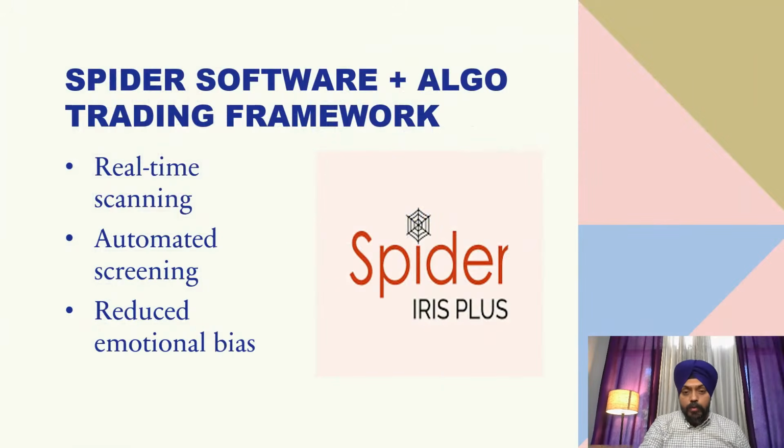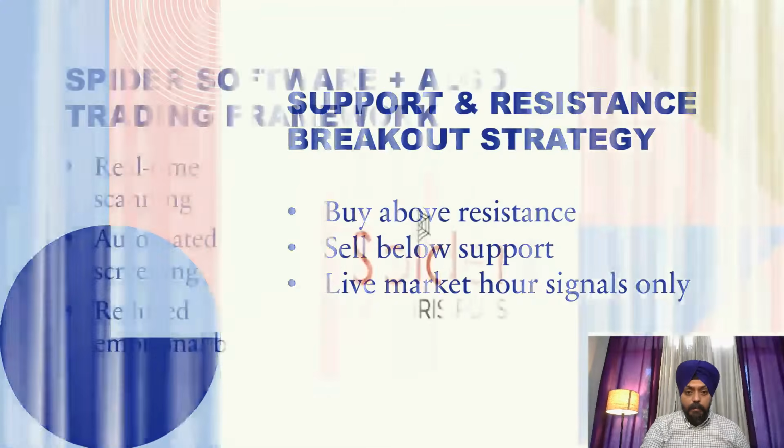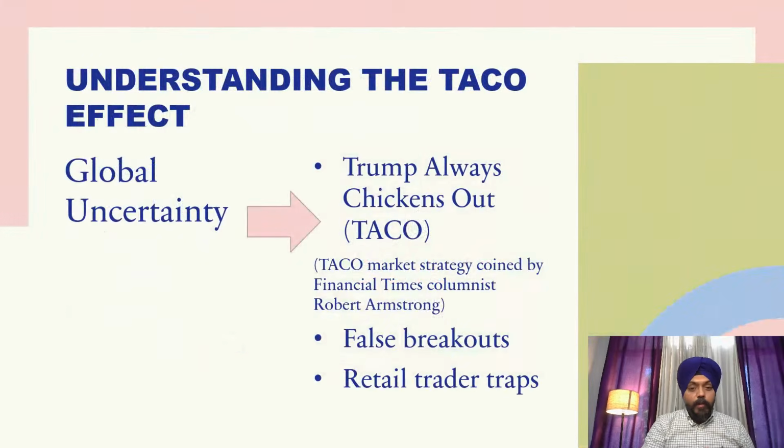And it's all, as I told you, about resistance and support. Buy above resistance, sell below support, and do it in live market hours, so that you do not burn your hands if there is any negative news overnight, or you do not miss out on the opportunity if there is a positive news overnight in the ongoing global uncertainty.